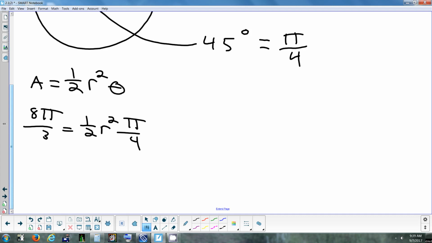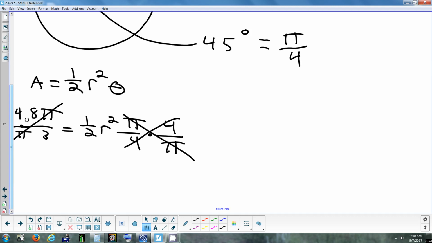Put it on the other side. Is there something you want to do with the 4 over pi, though? Divide. Not quite. We don't want to divide by 4 over pi. Multiply. Yeah, we want to multiply. So multiply by 4 over pi and 4 over pi. That's going to cancel the 4s. It's going to cancel the pi's. And it's going to cancel the pi's there.